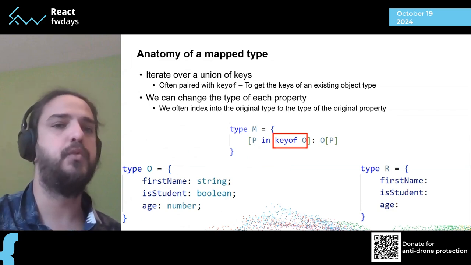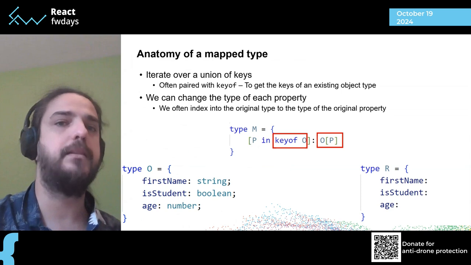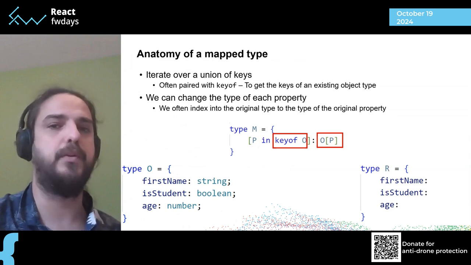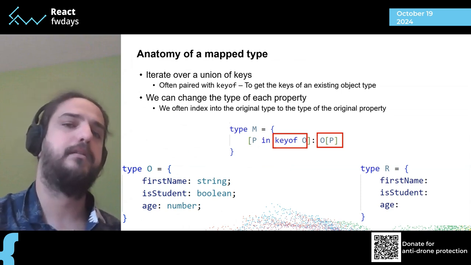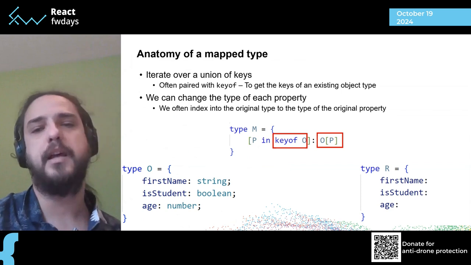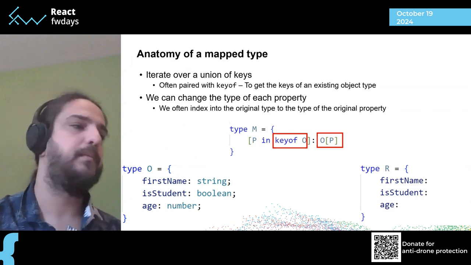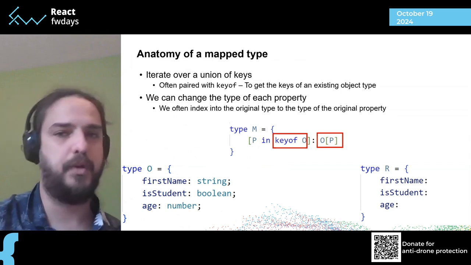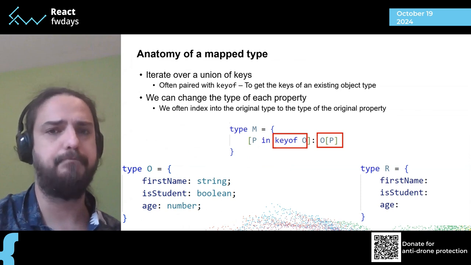And we often use the indexing operator to get the type of the original property. So for example, here we're saying that the property P has the type O[P], right? Which basically means the same type as the original property.